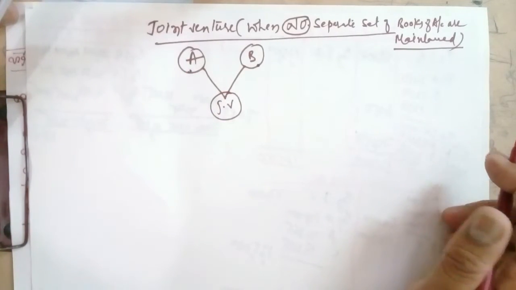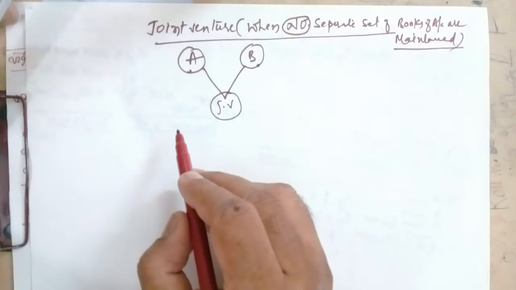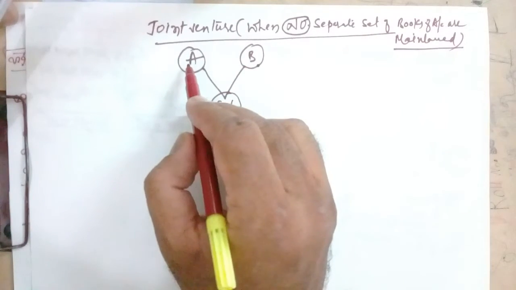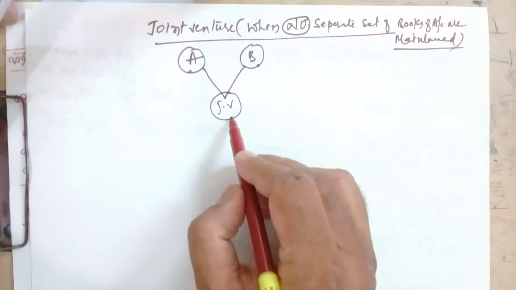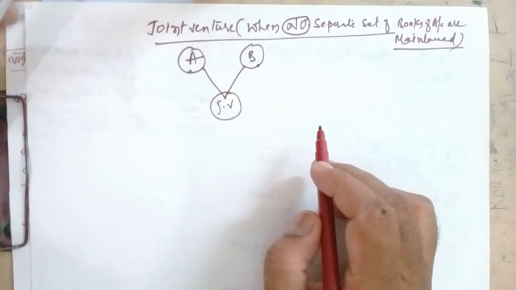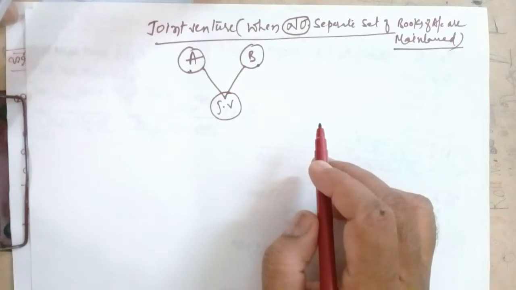So the existing staff services will be used, and A will maintain the accounting record of the joint venture with B without paying any additional cost to the salaried employees, since he is already paying salary.